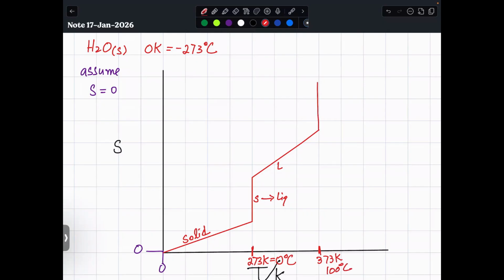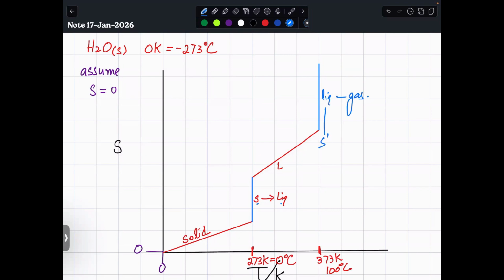There is a much sharper rise. Why? This is bigger. The length of this is bigger than the length of this. Because solid to liquid is not that big a change, but liquid to gas is a huge change.